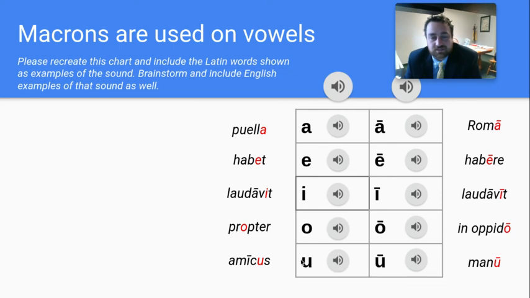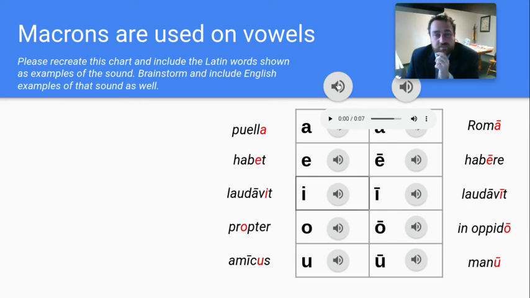Amicus, as in up. Manu. So it's U versus oo. Those are two very different sounds. The letter U is the one that I think sounds the most different with and without a macron.